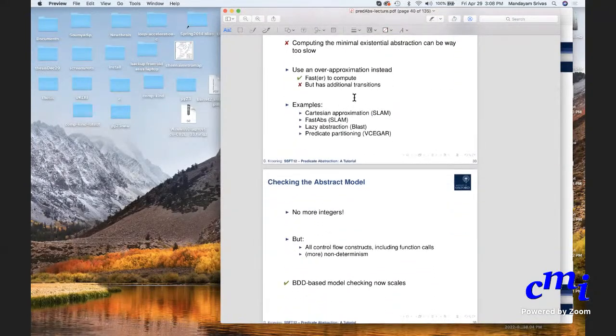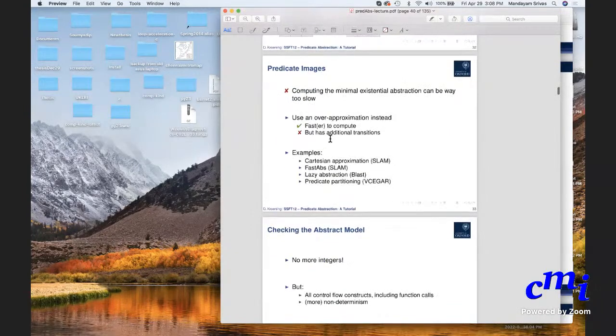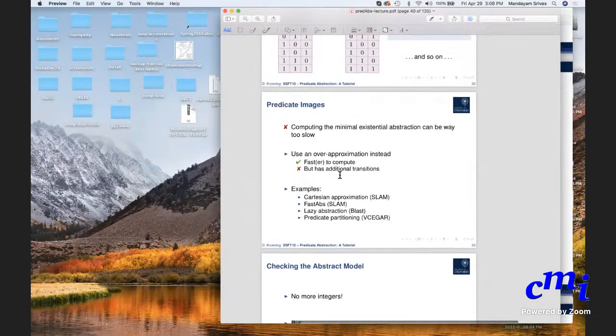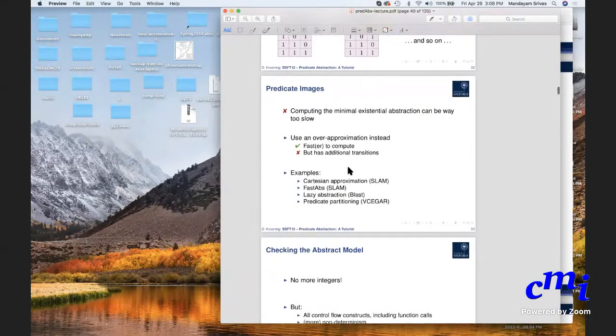They don't compute it on all predicates, but use certain heuristics to over approximate the transitions, and they use different methods. Some do it on a need basis with various techniques. We won't have time to get into all those techniques, but at the basic idea, this is what they do.